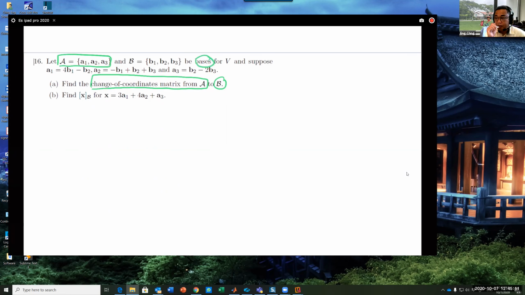Remember, the basis means A1 is the direction you're going to move along for the first entry of elements in the vector xA. So xA will be x1A, x2A, and x3A.